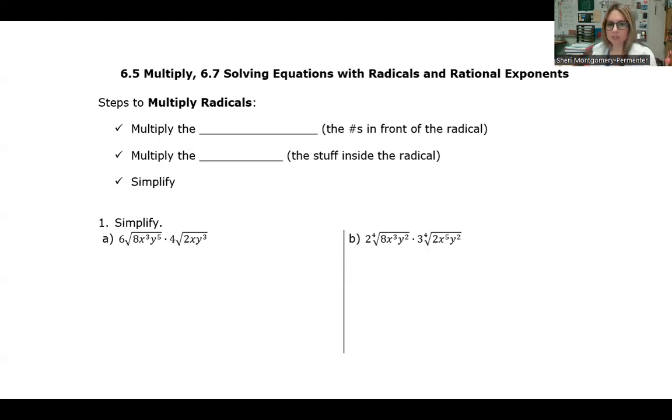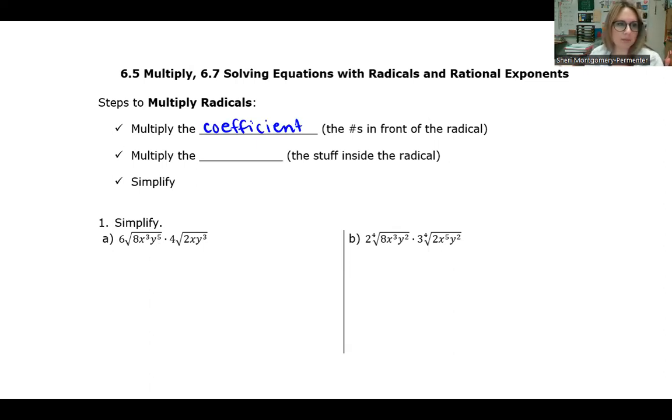So to multiply radicals, it's really pretty easy. There's just two parts. We will multiply the stuff in front. The numbers in front of the radical, like the 6 and the 4, what would we call those? Coefficients. So we're going to multiply the numbers in front of the radical.